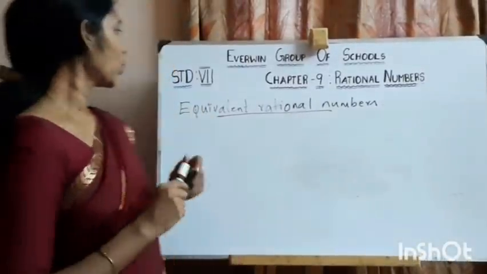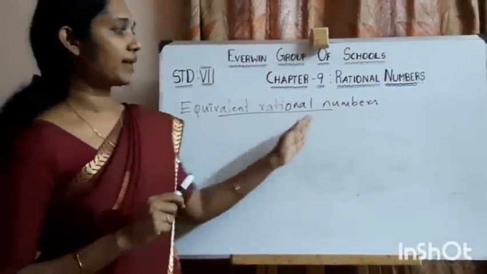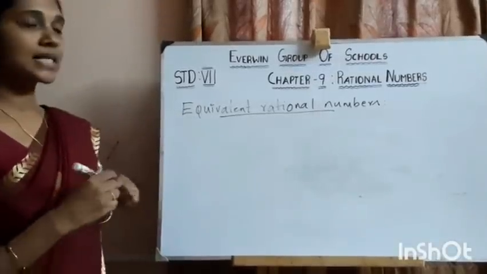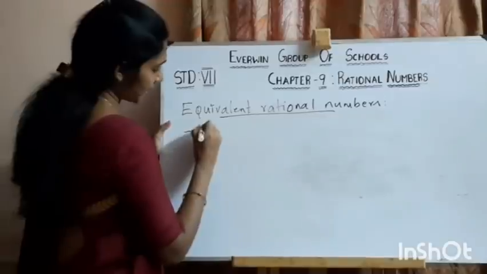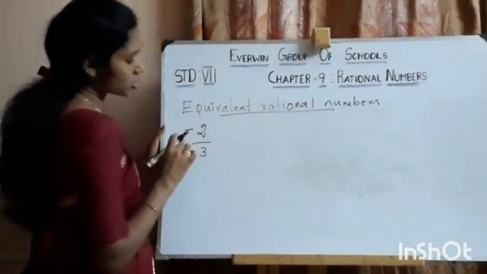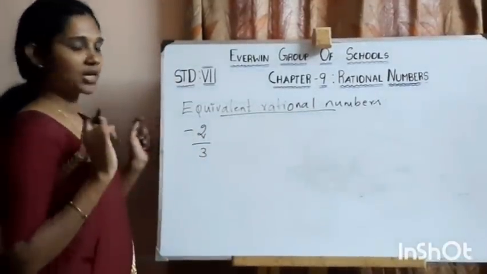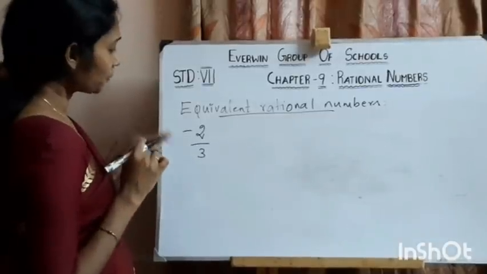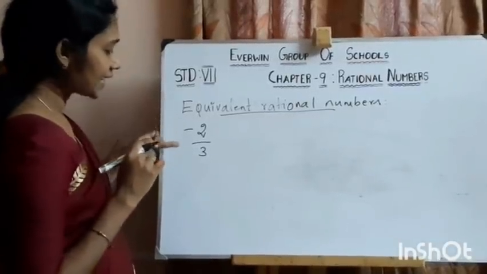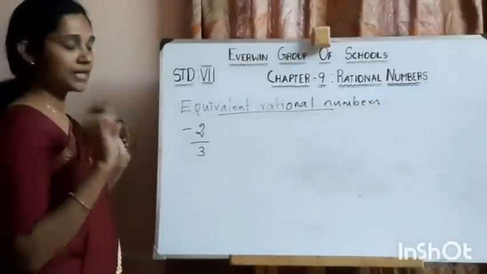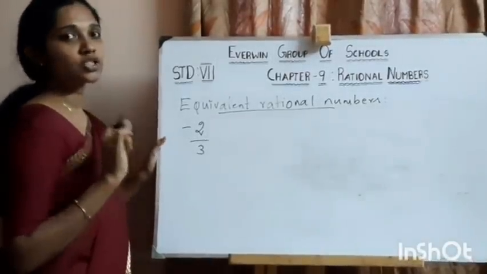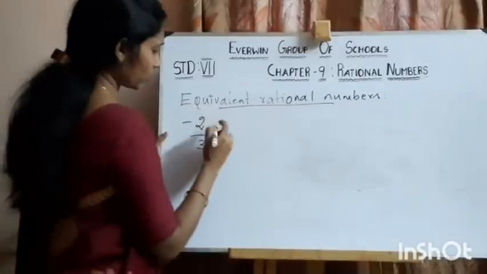Now we shall see what we mean by equivalent rational numbers. For this, first consider a rational number -2 by 3. I am going to multiply the numerator and denominator with the same integer, and that integer should not be equal to 0.